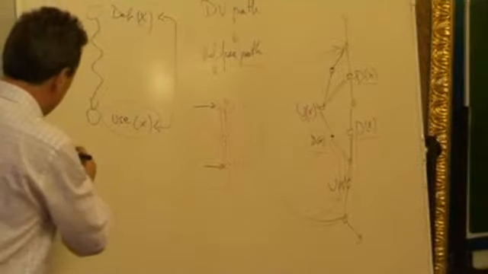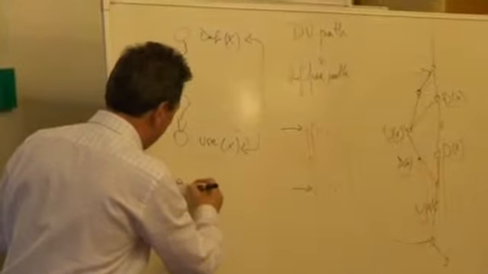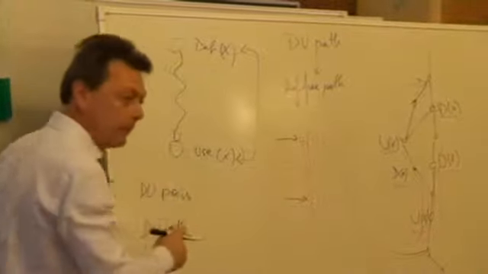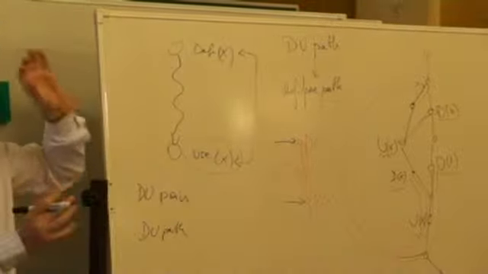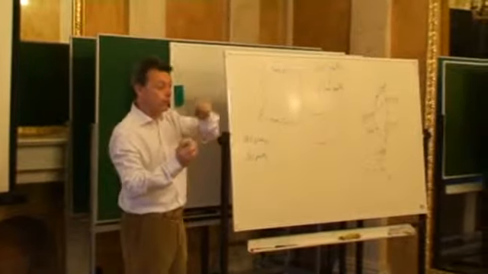I should have mentioned before that you have def-use pairs and def-use paths. A def-use pair is a pair of a definition and a use of the same variable for which there exists at least one path. A def-use path is a definition-use pair and a path through them.